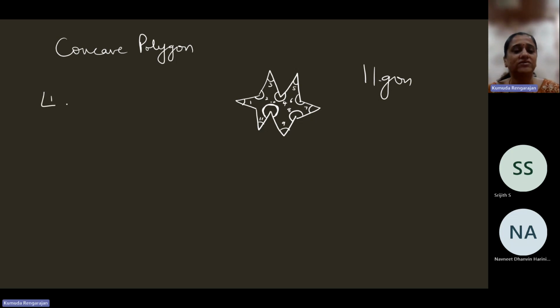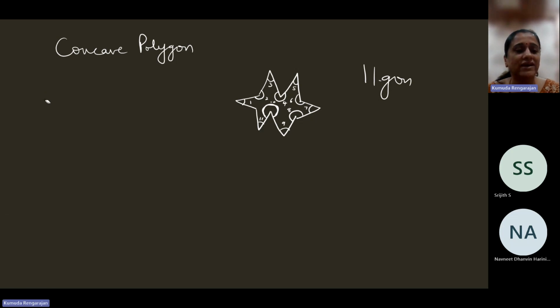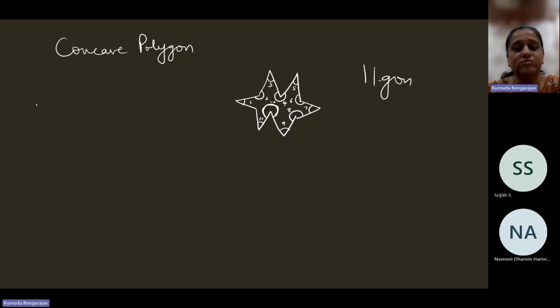Is angle 1 reflex? Okay. Reflex angle means an angle which measures more than 180 degrees but less than 360 degrees. So name all the reflex angles in this polygon.